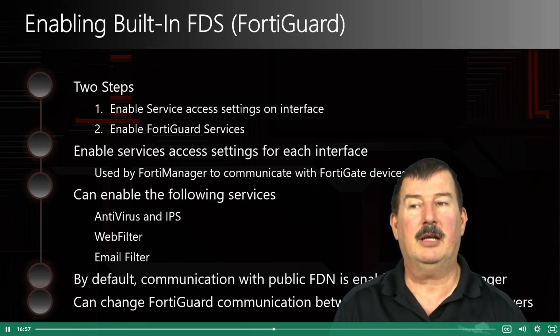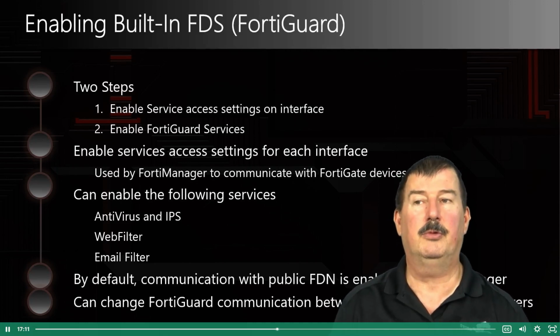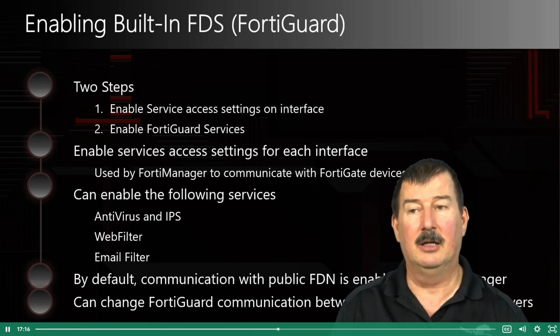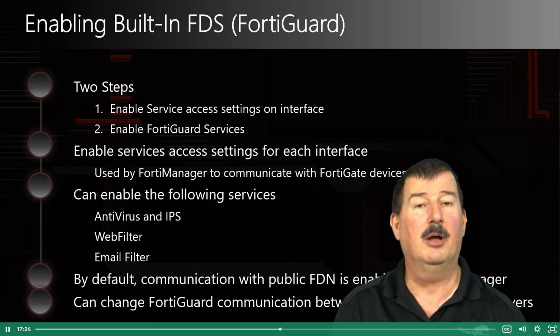So enable service access settings for each interface. If you're going to do that, you can enable the following services: antivirus, IPS, web filter, email filter. This allows that next generation protection. So your web filter, this is huge because there are a bunch of known blacklisted sites out there. So instead of you trying to create a rule for it, you do my internal network out to the internet, HTTP, HTTPS, permitted.